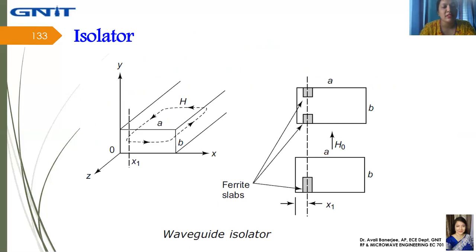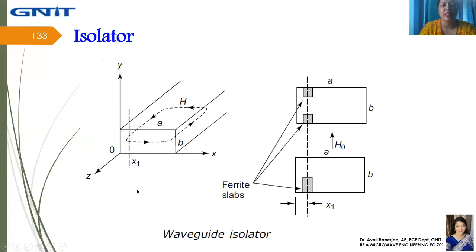Thus, when inserted between a signal source and load, almost all the signal power can be transmitted to the load, and any reflected power from the load is not fed back to the generator output port, which eliminates the variations of source power output and frequency pulling due to changing loads.